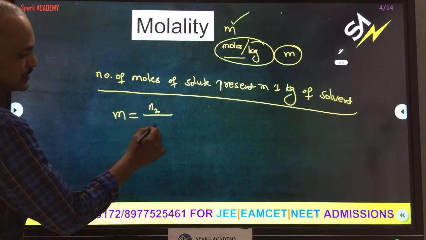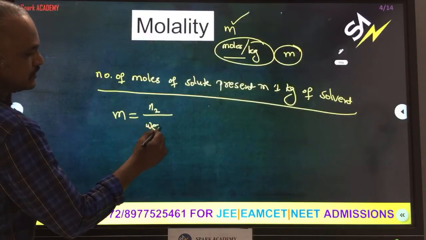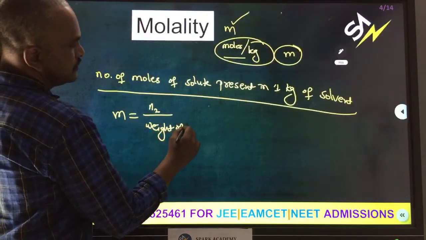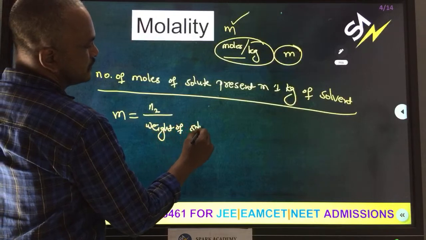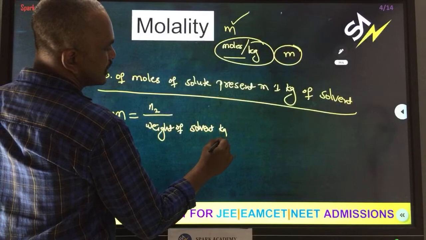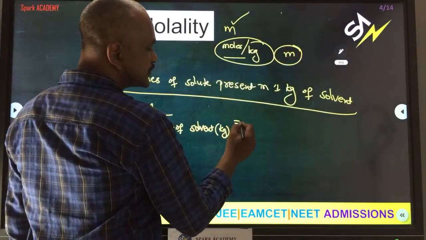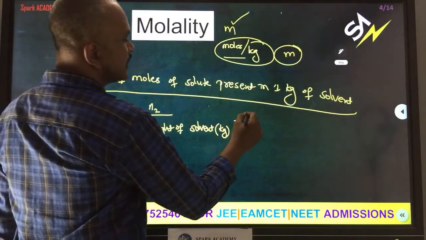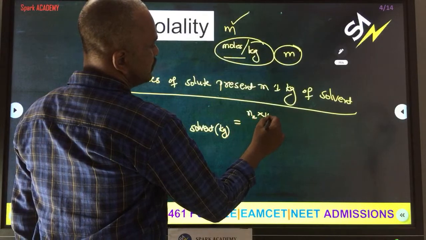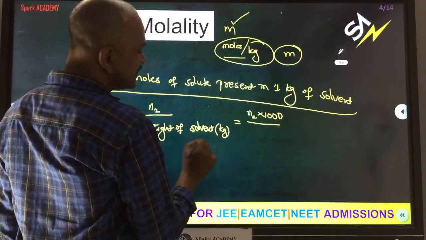Mass of the solvent or weight of the solvent, we can write anything. That also should be in kilograms. If you change kilograms into grams, we can write N2 into 1000 by the weight of solvent.